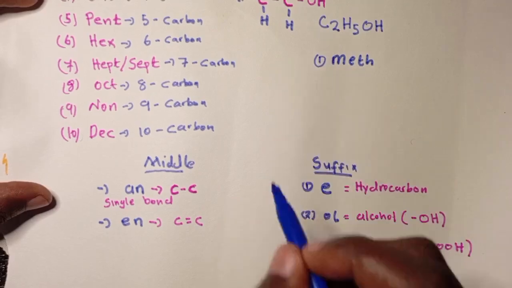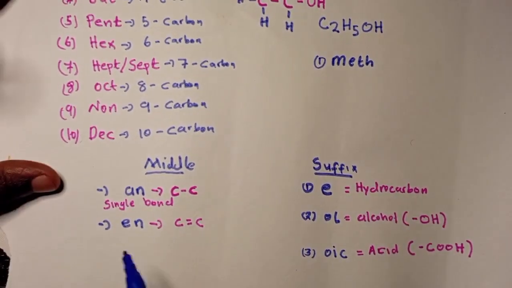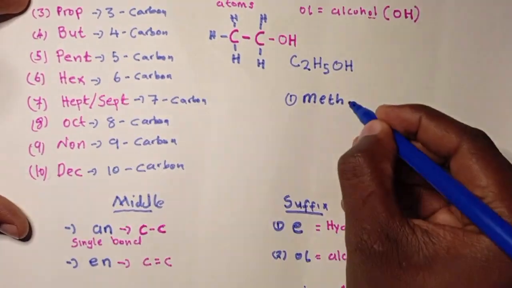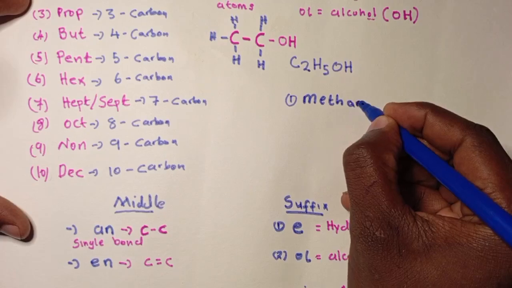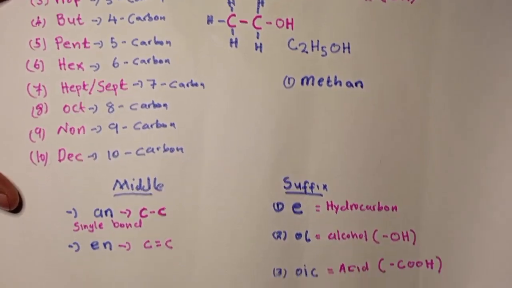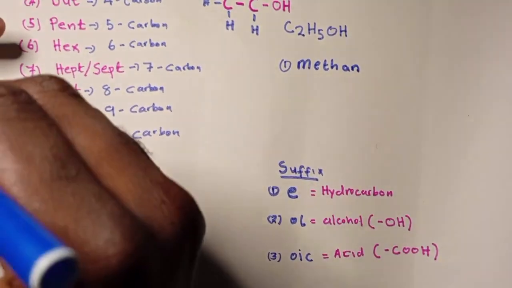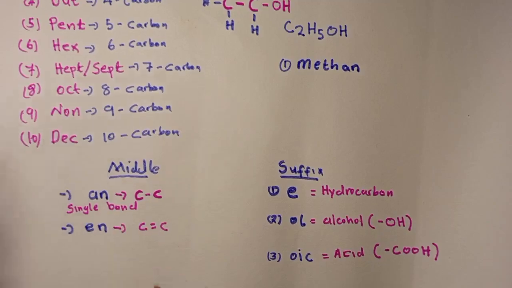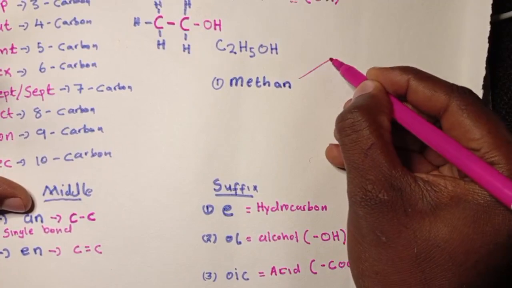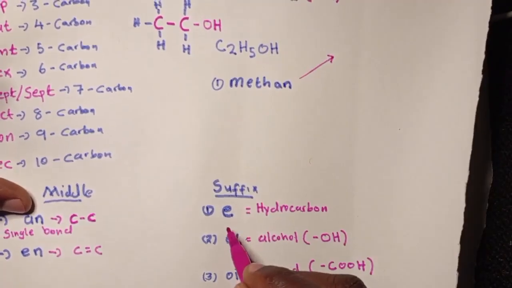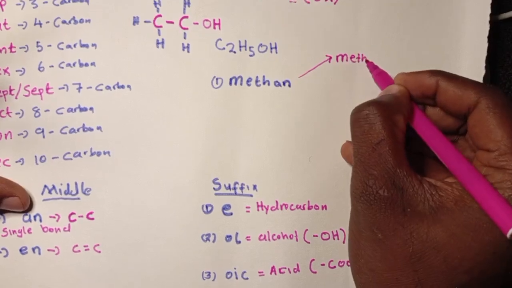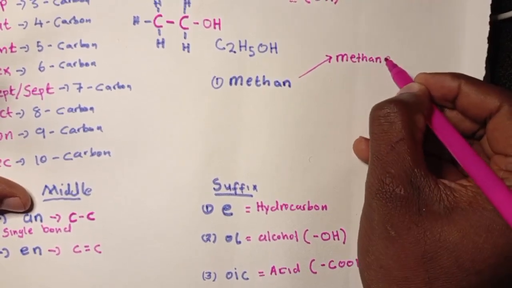Never at all. Okay, and I'll explain why. So I'm going to pick AN. That is the middle. Now for these, I can pick all of them. So now here is the tricky part. So for the first one, I'm going to pick the E. So this is going to be called methane.